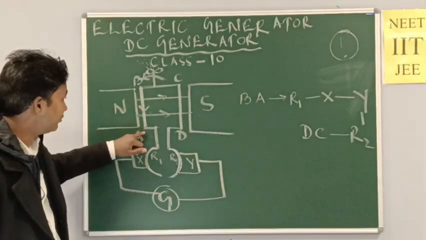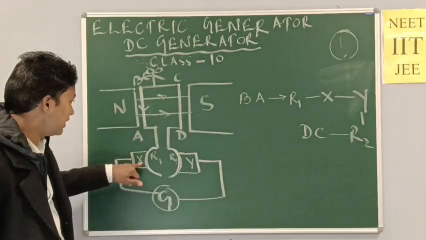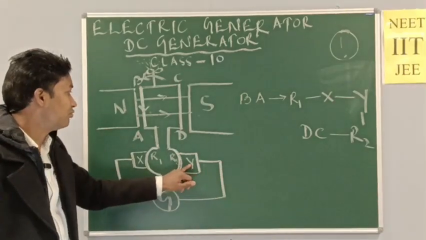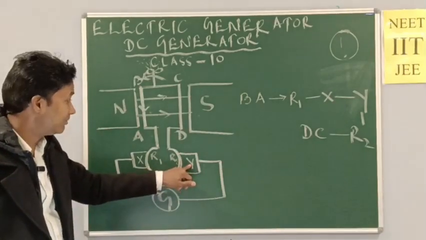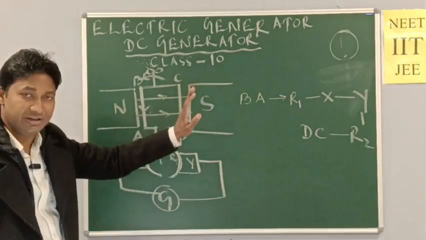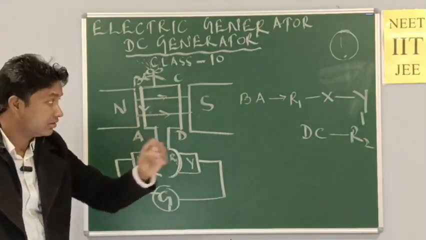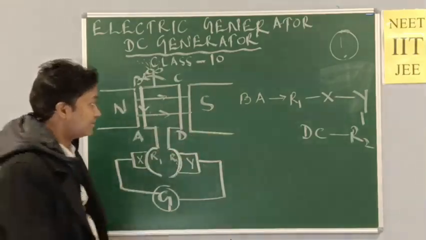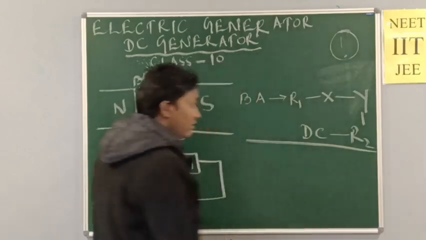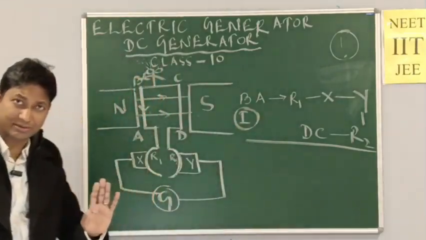Then current B to A, further goes to R1, further goes to X, further passes to Y, further R2, further D to C. A student should write like this. This is the first half revolution.